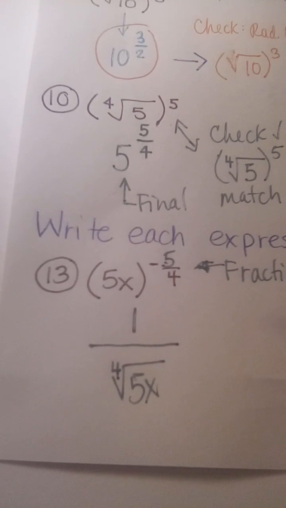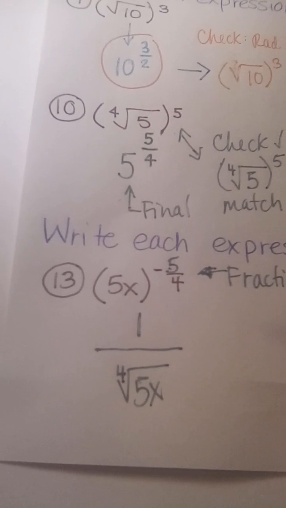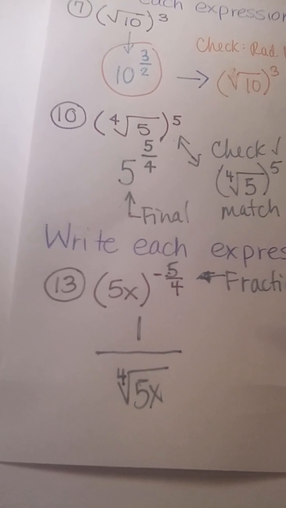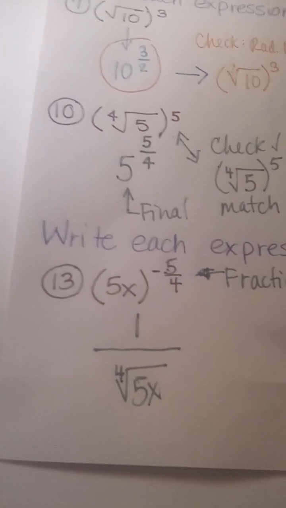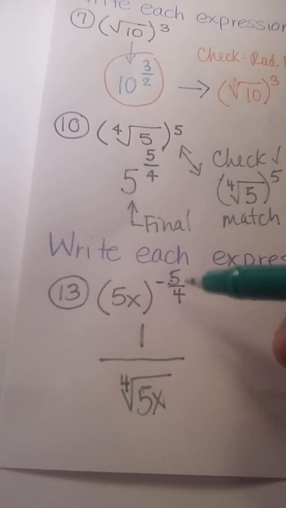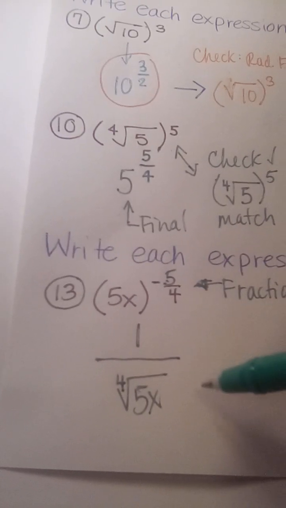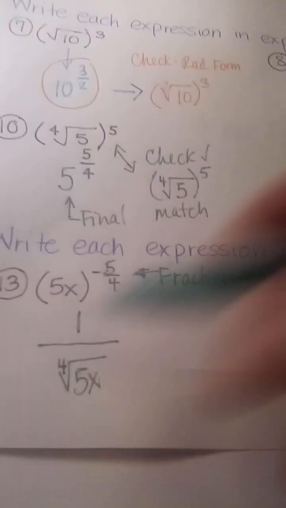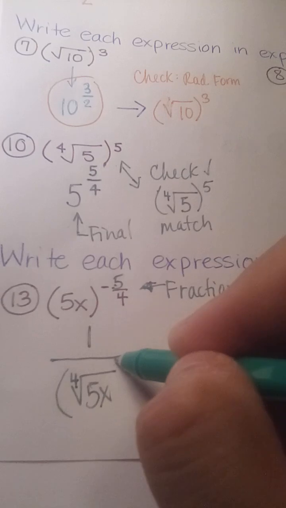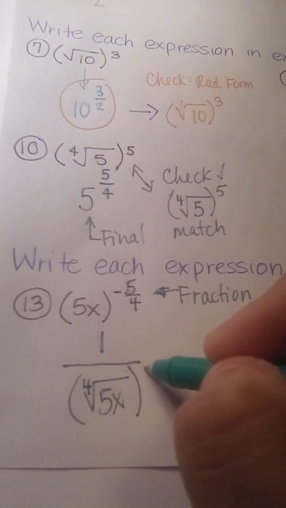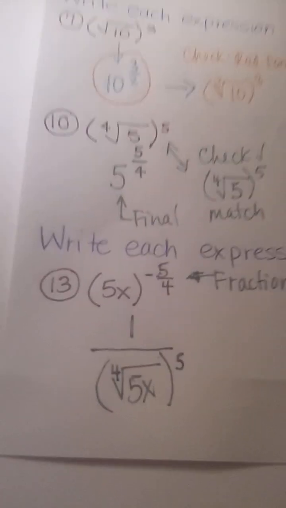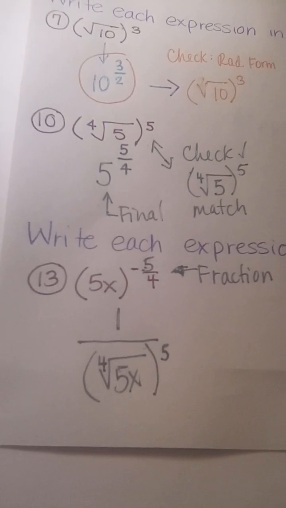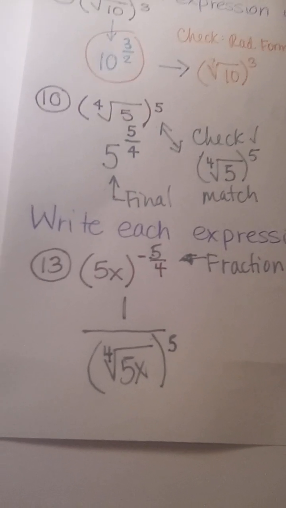Are we finished? What's missing? We're not finished. So what do we do to get this 5 into the equation? We do the parentheses, and we'll put the 5 in. Are we finished? Yes.